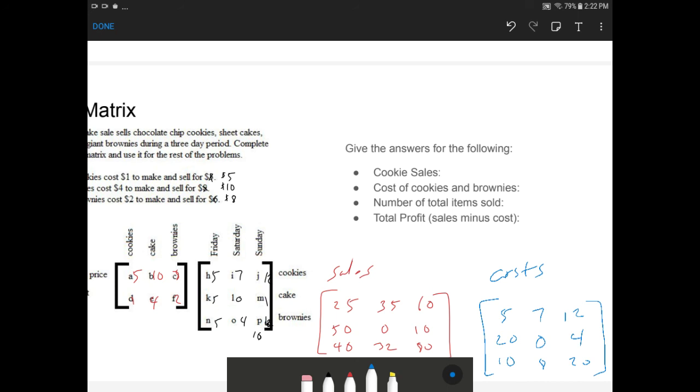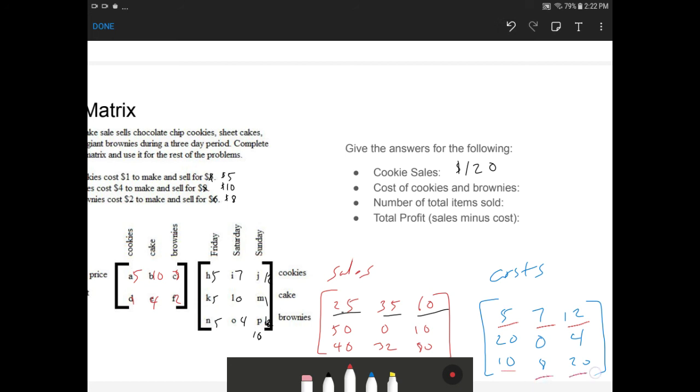Okay, so cookie sales, 25 plus 35 plus 60. So that's $120 in cookies. The cost of cookies and brownies. So that's going to be, these are the cookies and these, no. That's cake.